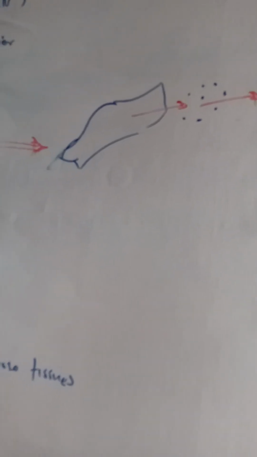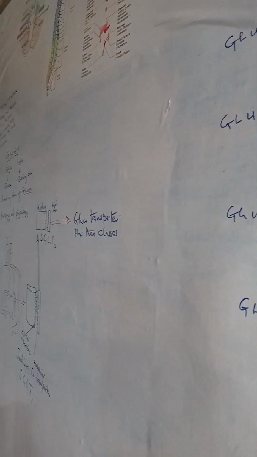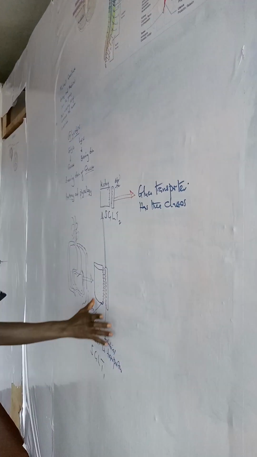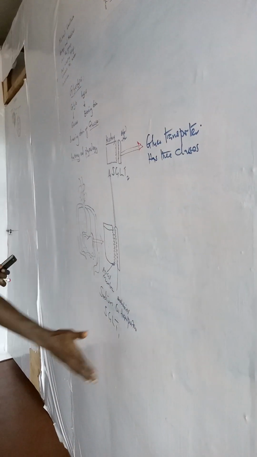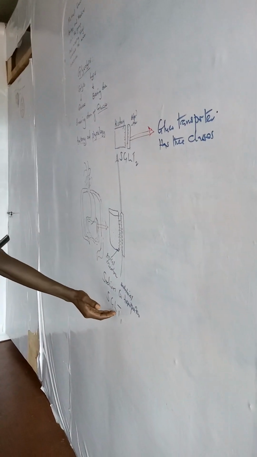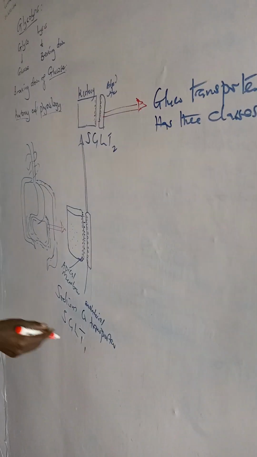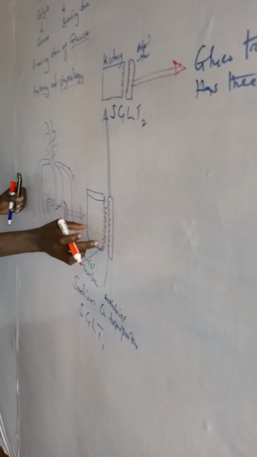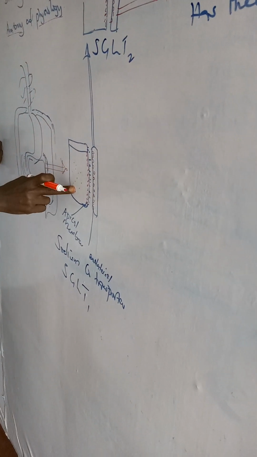But an important piece of information I want to bring here is that a diabetic patient can be given sodium glucose linked transporter 1 inhibitors. That means the inhibitor will stop or reduce the level of glucose entering the bloodstream from the small intestine.